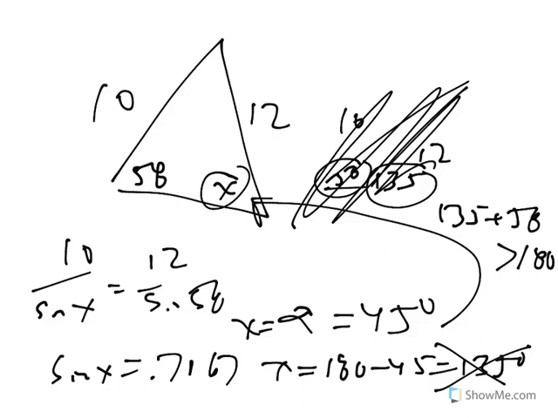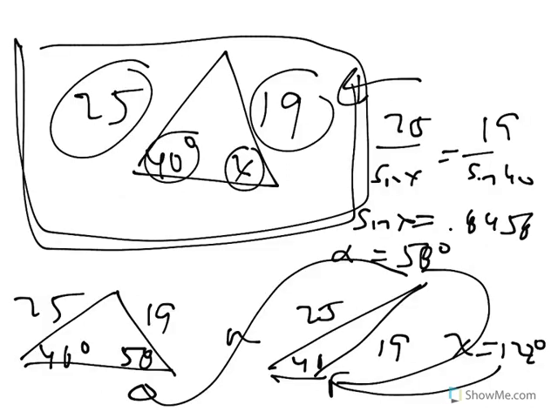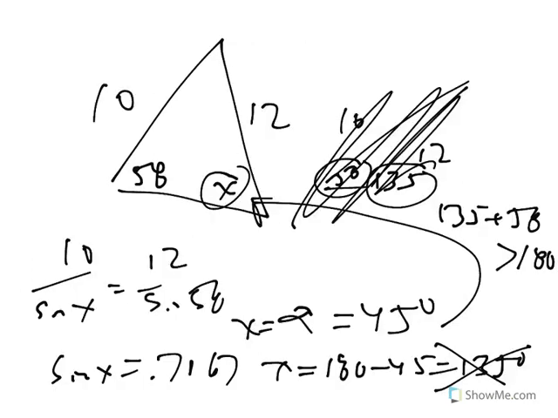So one way to tell whether your obtuse answer is actually a valid answer is if the two angles that are known add up to less than 180. If you go back to here, this 122 is okay, because 122 and 40 is 162, which is less than 180.